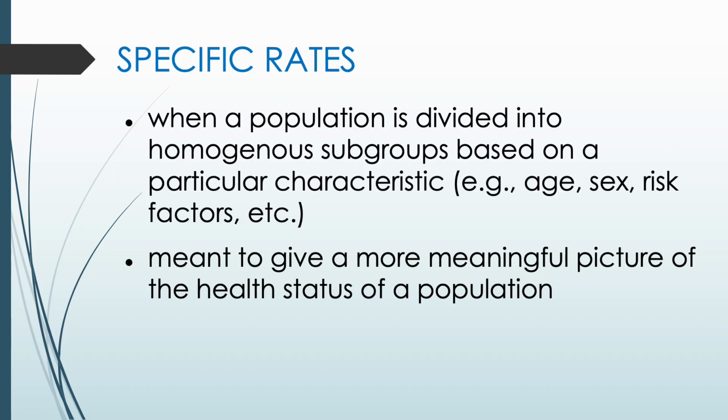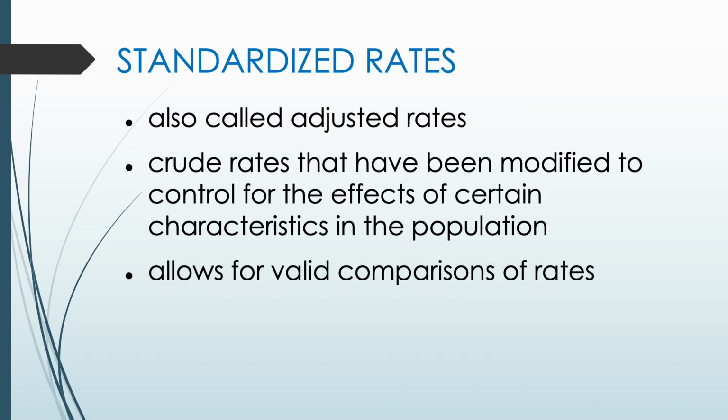So we have the opposite of the crude rates, which is the specific rates, which take into account the age, the sex, and the risk factors. So it is meant to give a more meaningful picture of the health status of a population. Under the specific rates, we have the standardized rates, which are also called adjusted rates.